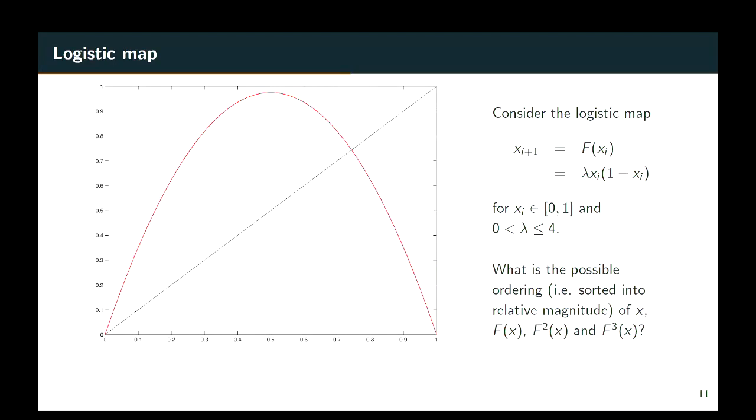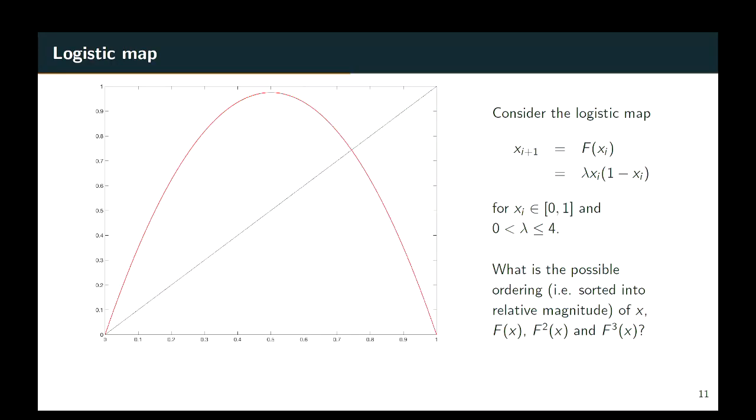A slightly more complicated function, this is the function x of i plus 1, or n plus 1, whatever. The next one is the current one in this quadratic, the logistic map. So where the current point goes to between 0 and 1 is mapped out here, for a choice of lambda slightly less than 4.